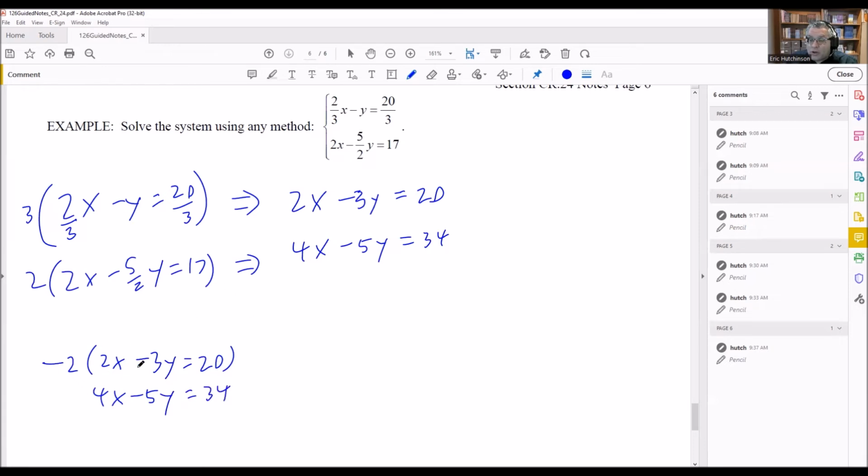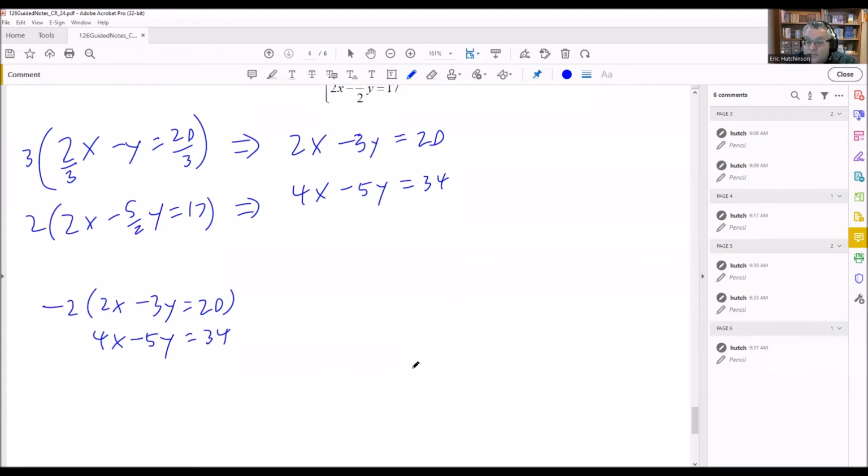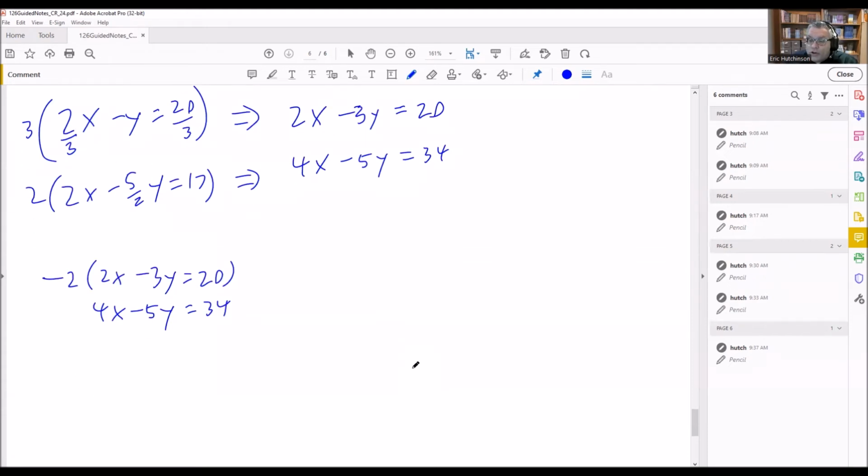I only have to multiply the top by -2. So I multiply through by -2 and I get -4x plus 6y equals -40. And then the bottom I have 4x minus 5y equals 34. I want to add all this together.